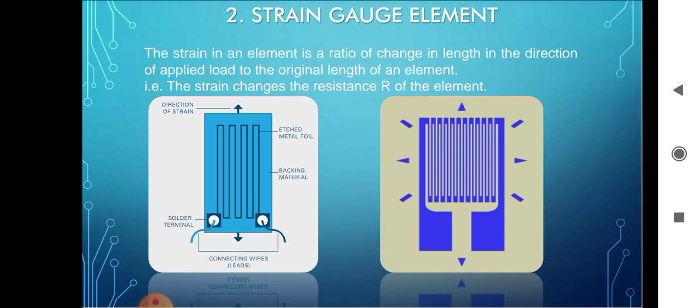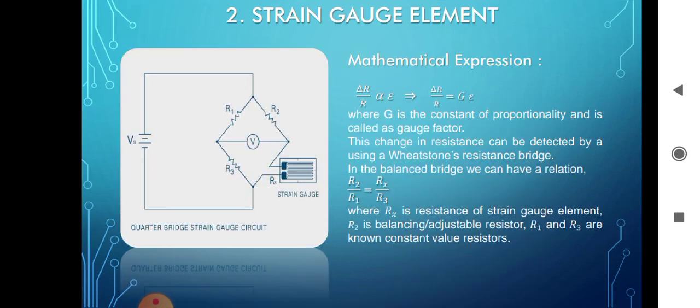And the output of the bridge is expressed in volts output per volt input, right? So that resistance will produce some voltage. So your strain is directly proportional to the voltage produced by your strain gauge transducer, right? Means you are measuring strain with the help of resistance, and resistance will produce a voltage. That voltage is proportional to your strain, right?